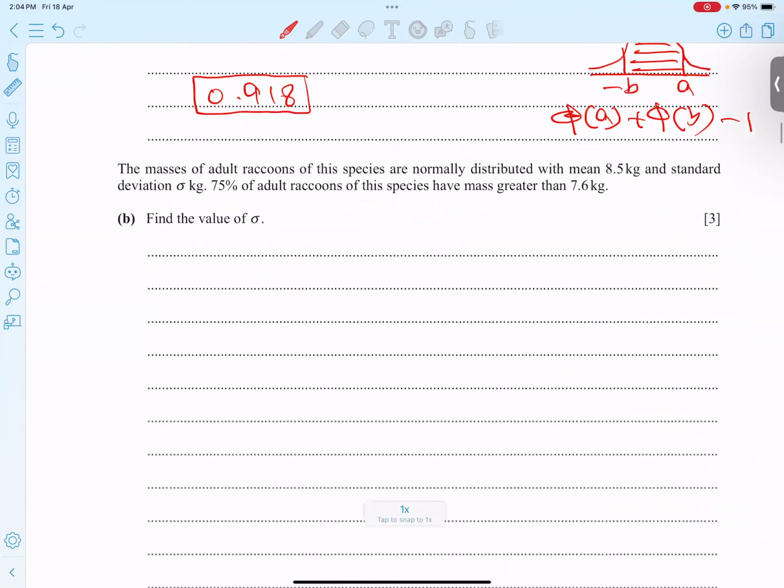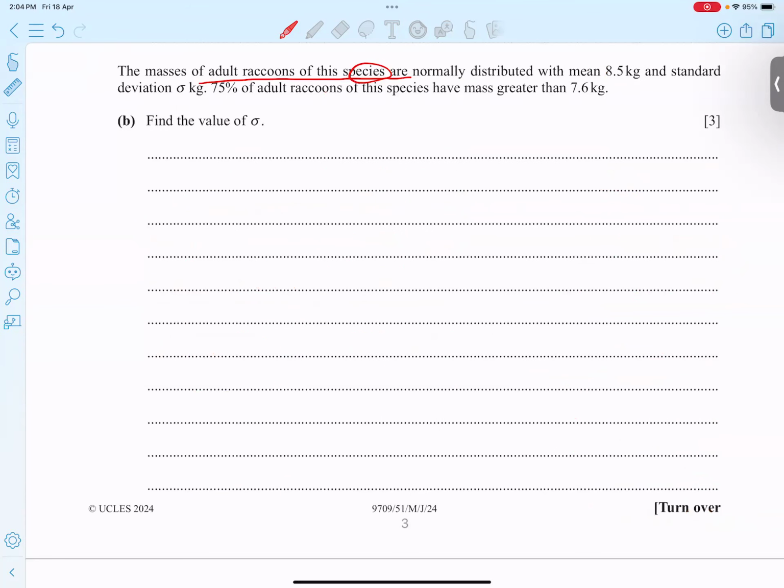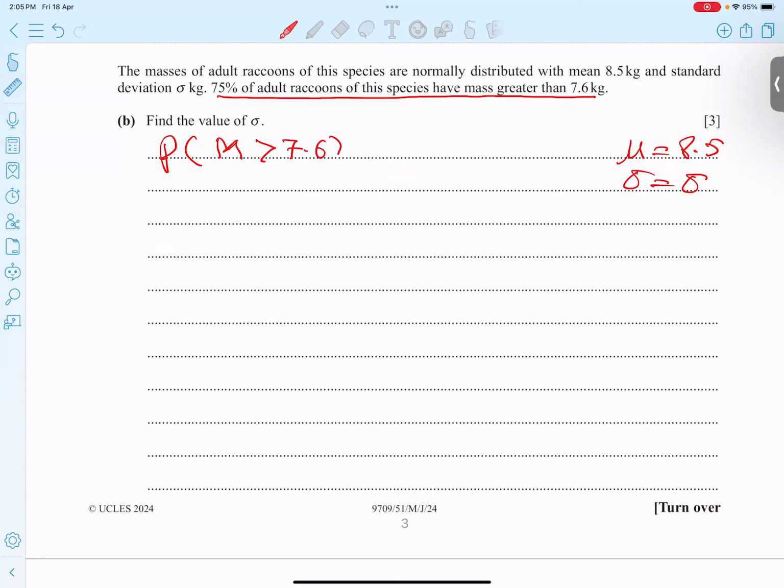The masses of adult raccoons of this species are normally distributed. The mean is given as 8.5 kilograms, and the deviation is unknown. He's saying 75% of adults of this species have a mass more than 7.6 kilograms.